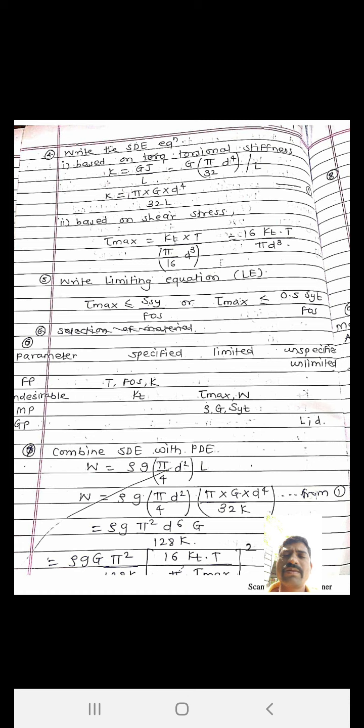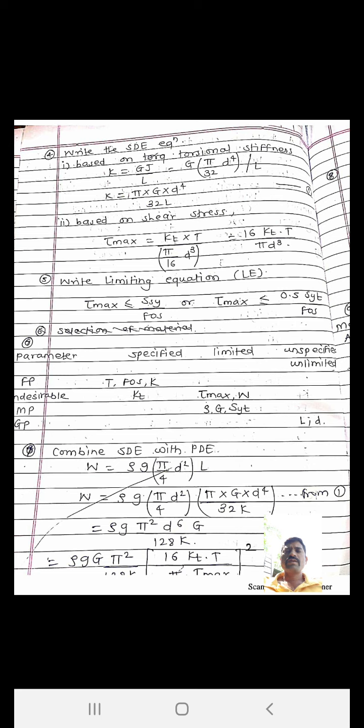Then next step, write the limiting equation, LE. Tau max is less than or equal to SSY divided by factor of safety. The limiting equation is given as less than or equal to, or equal to, or greater than, which means there are some conditions, some limitations given.